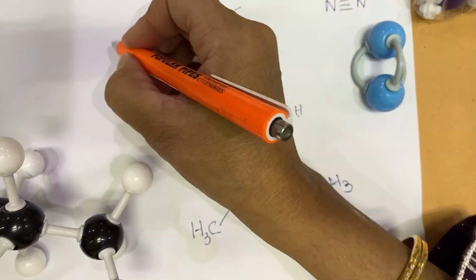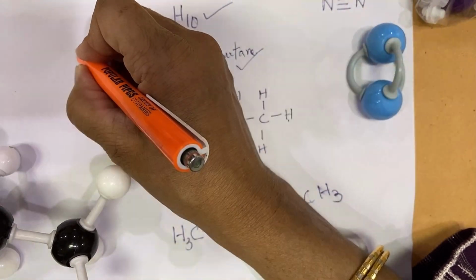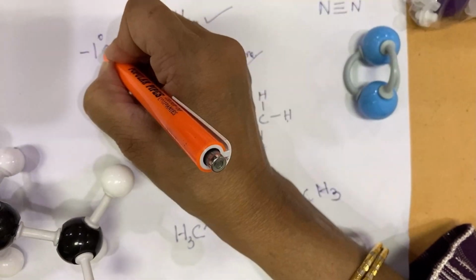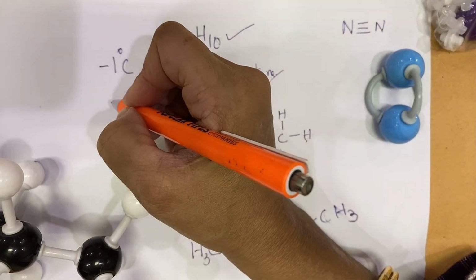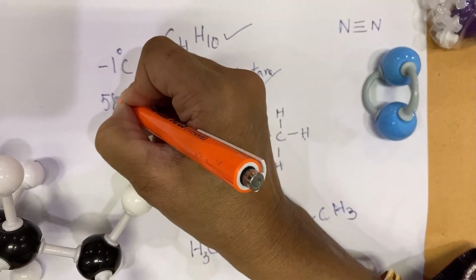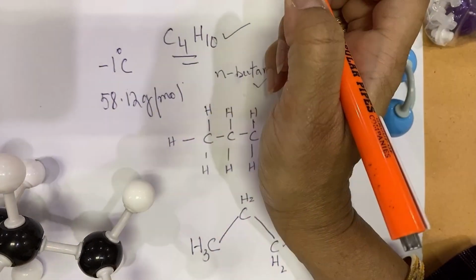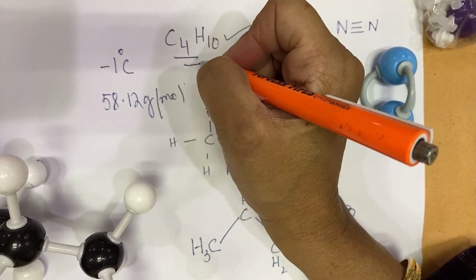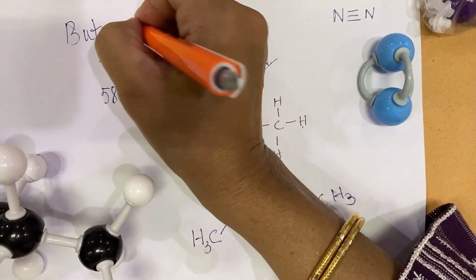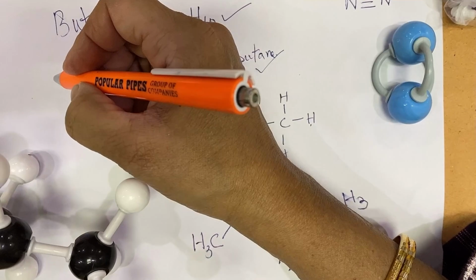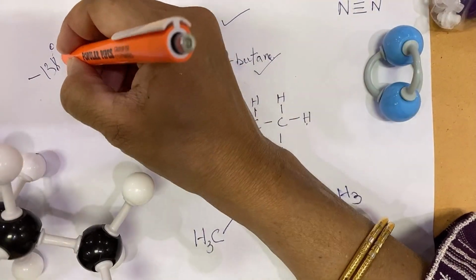Its boiling point is almost -1 degrees centigrade, whereas its molar mass is 58.12 grams per mole, right? And its IUPAC name is butane, and its melting point is -138 degrees Celsius, right?